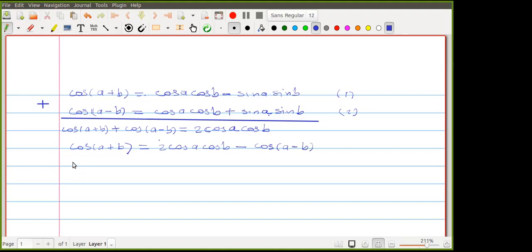So we know that we have as a factor n plus 1 times theta.